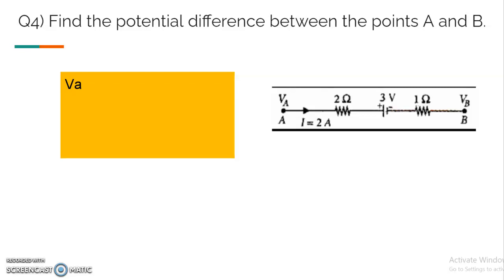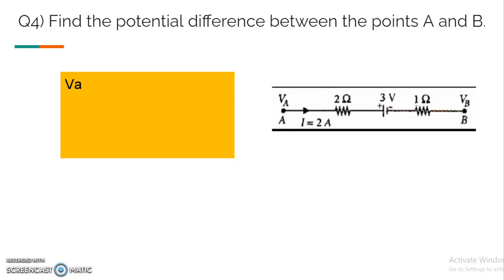So what do we write now? Now we are going to write V is equal to IR. So here V is equal to minus 4. Why minus 4? Because the sign is going to be changing from positive to negative. There is going to be a voltage drop as we move across this resistance.